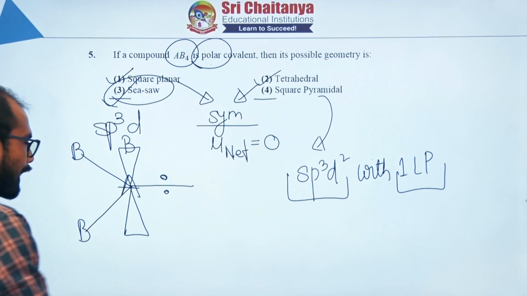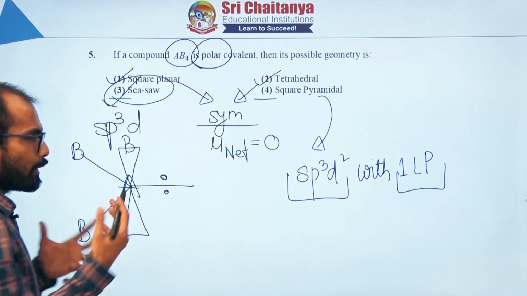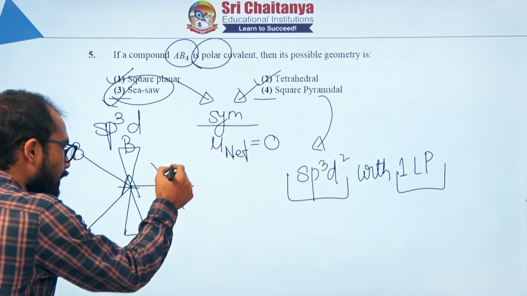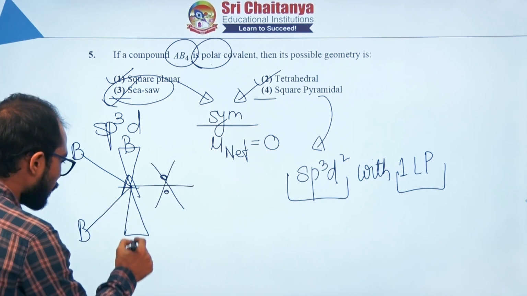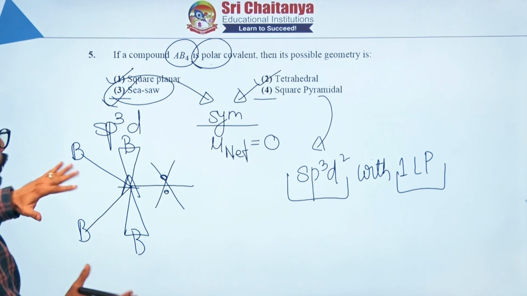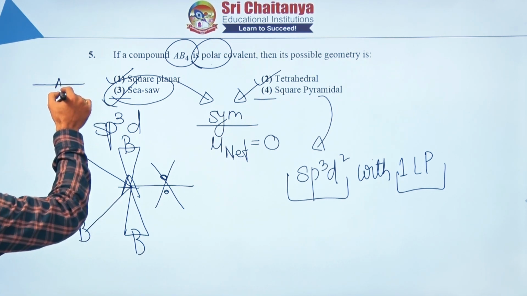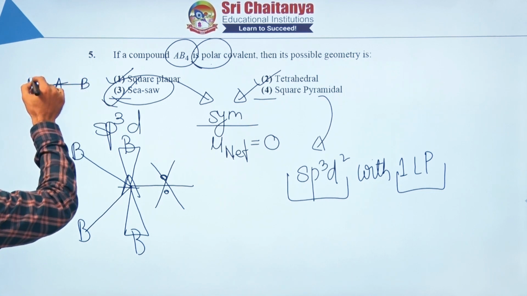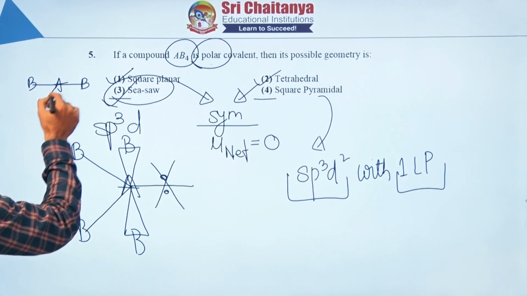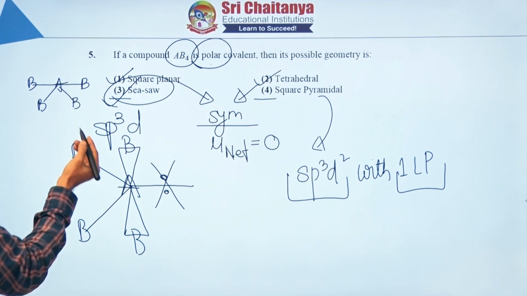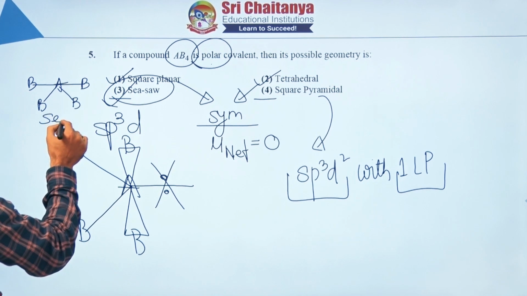Now if I need to tell the shape, I will not consider this lone pair, and the entire system will look like a seesaw. If you look at it from a sidewise angle, there is A in between, B at the other ends, and 2B placed this way. So this clearly resembles a seesaw.